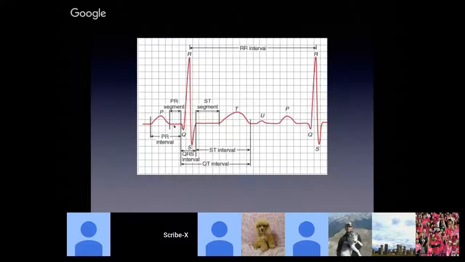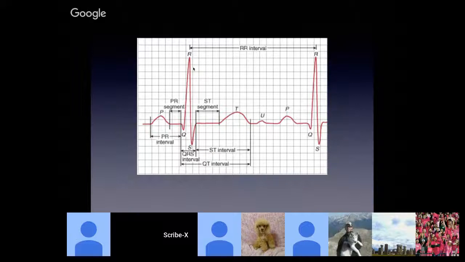And then there's a delay as the electrochemical signal progresses through the muscle of the heart, through specialized fibers that we'll talk about in a moment. And there's a little bit of delay, and then the ventricles depolarize and contract, and that gives rise to this very large complex called the QRS complex. Q is any downward component of this deflection. R is the vertical upward component of the deflection.